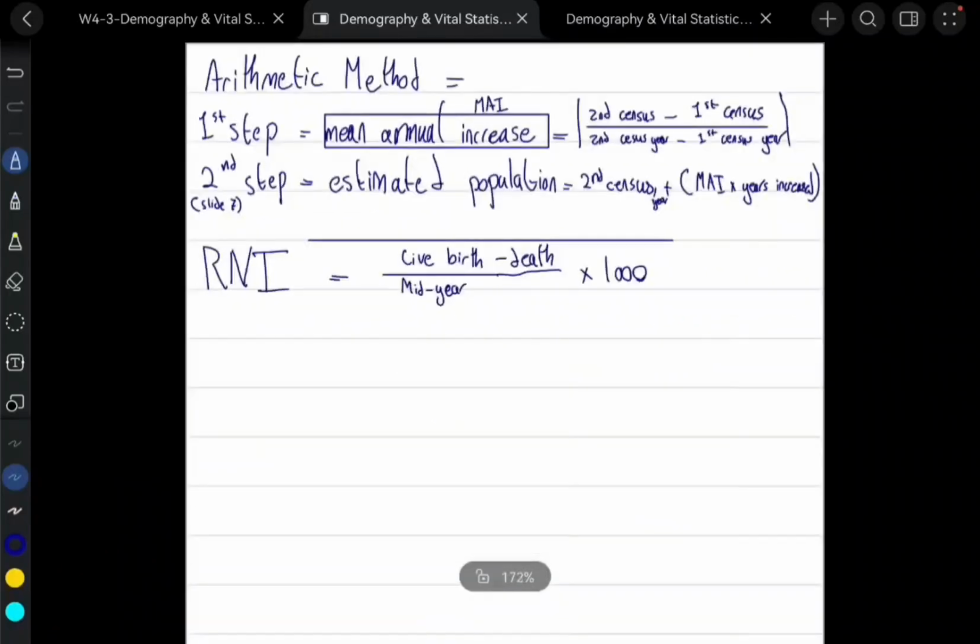Now, let me help you with a little trick I learned, especially since our exam application doesn't have a scientific calculator, unfortunately. To plot this in one single equation, we first open a bracket, put the number which is live birth minus death, close the bracket, divided by mid-year population.